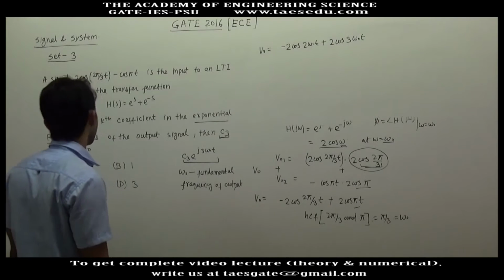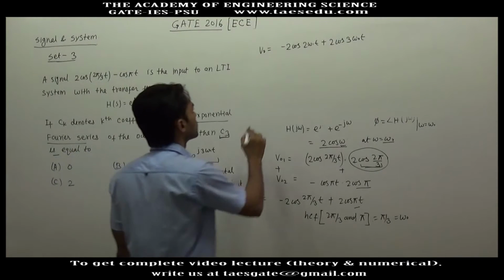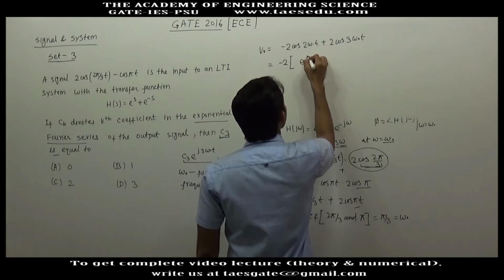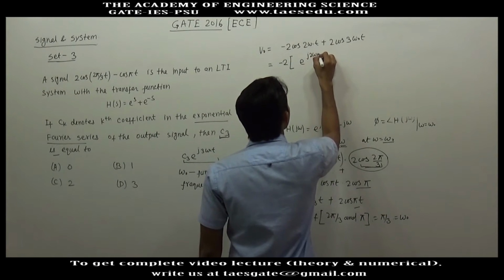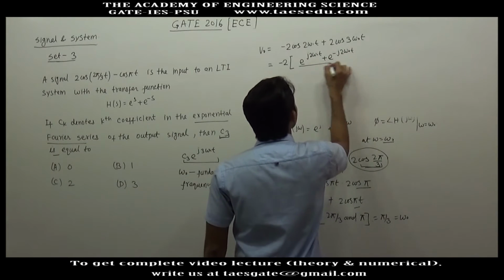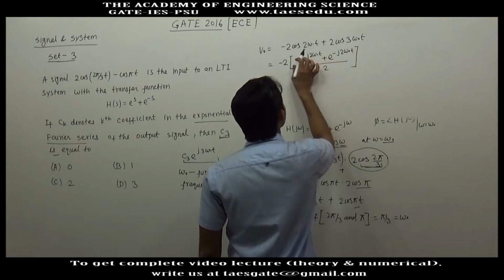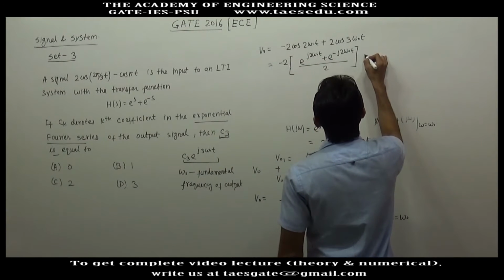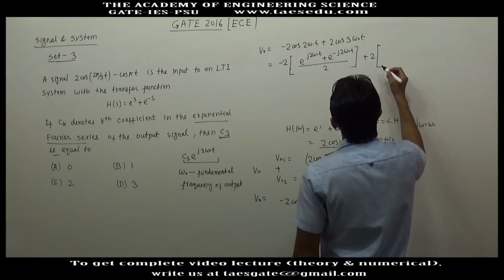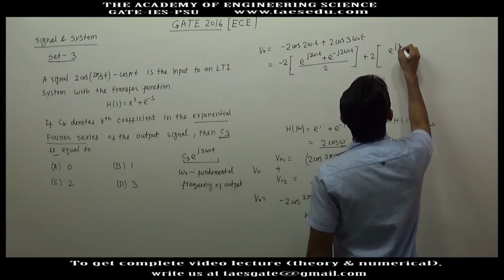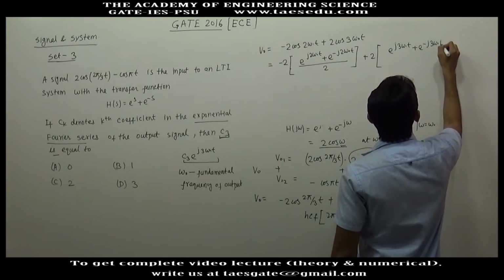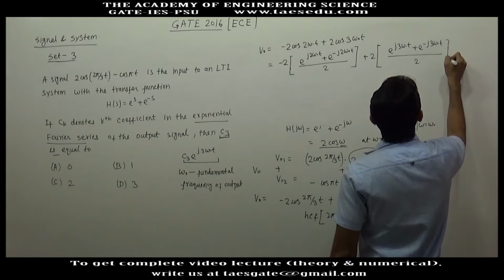Now we have to represent it in exponential form. So this will be minus 2 into e to power j2 omega naught t plus e to power minus j2 omega naught t by 2, plus 2 into e to power j3 omega naught t plus e to power minus j3 omega naught t divided by 2.